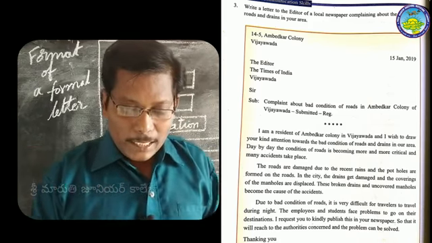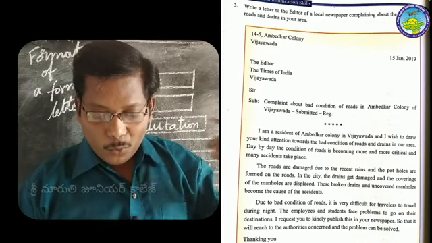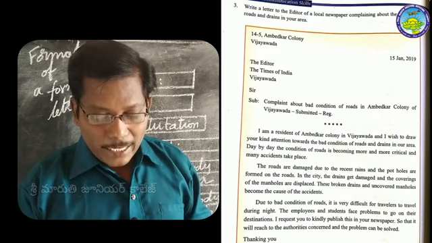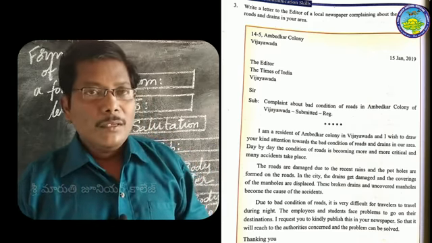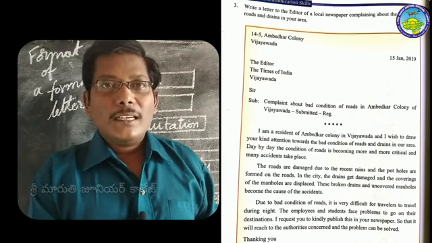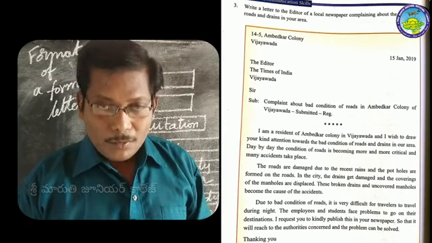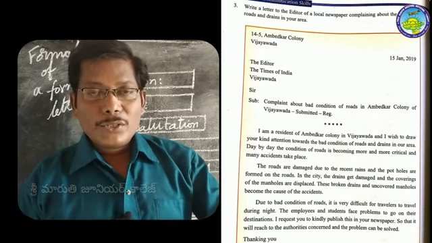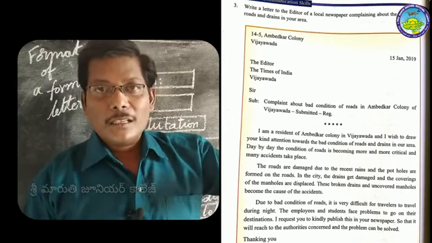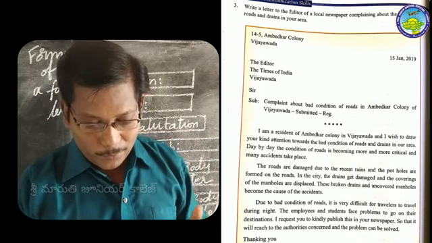Day by day, the condition of roads is becoming more and more critical and many accidents take place. So already the roads are in bad condition, but day by day they are getting worse. That is the problem. Because of this bad condition of roads, so many accidents are taking place in that locality. That is the main problem.